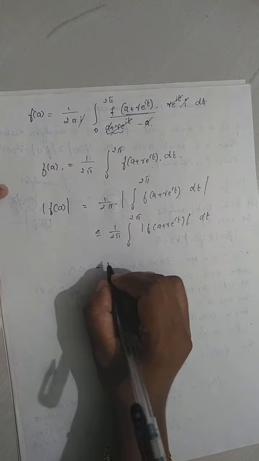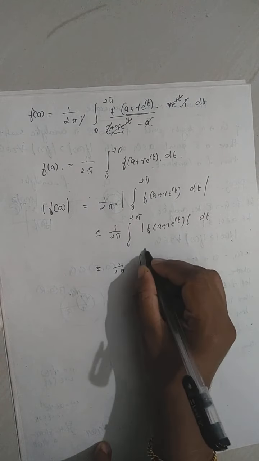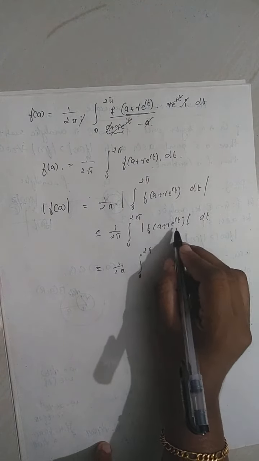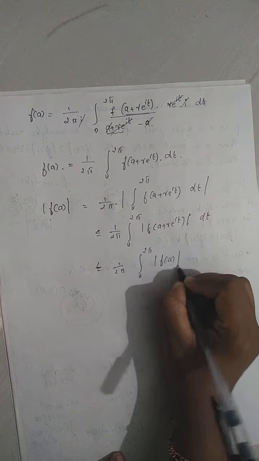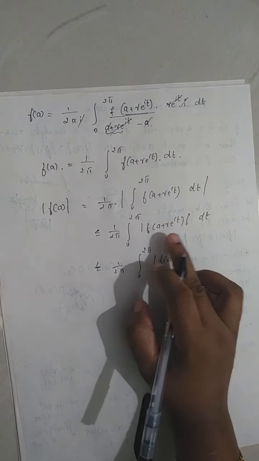So this is equal to 1 by 2 pi into integral 0 to 2 pi of modulus of f of a plus r e raised to it, which is always less than or equal to mod f of a.